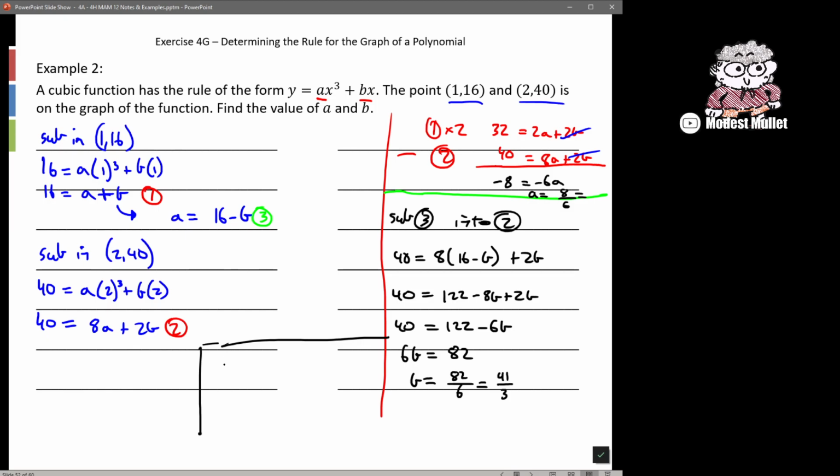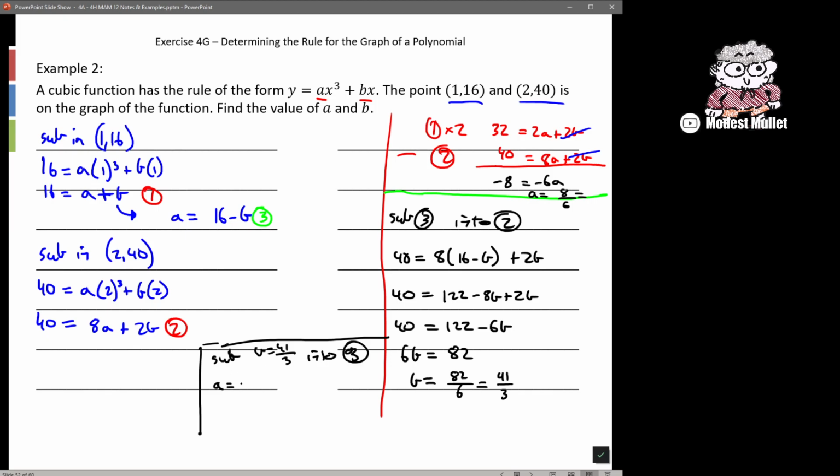I'm going to substitute that into equation 3. So I'm going to sub b is equal to 41 on 3 into equation 3.